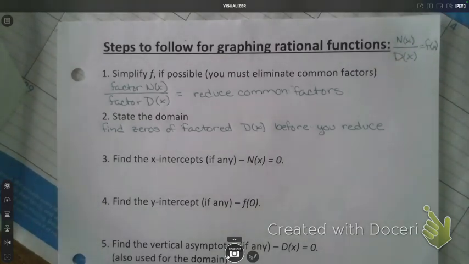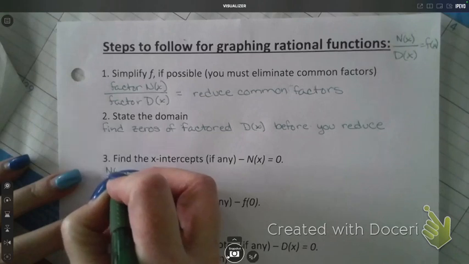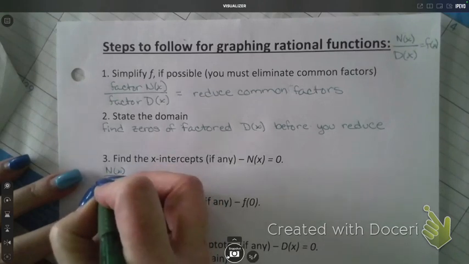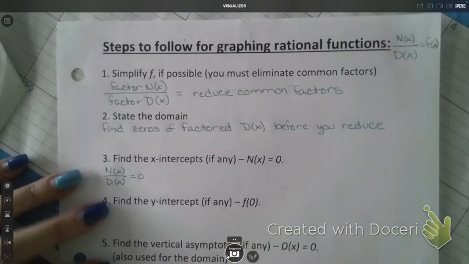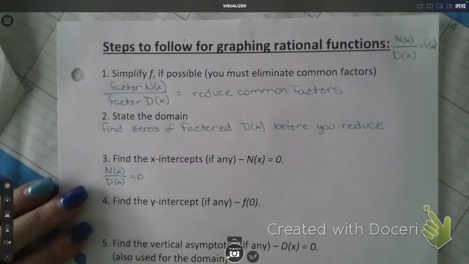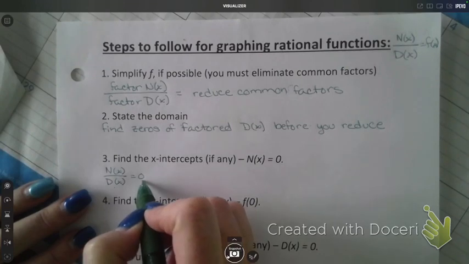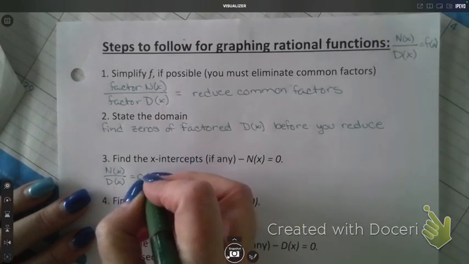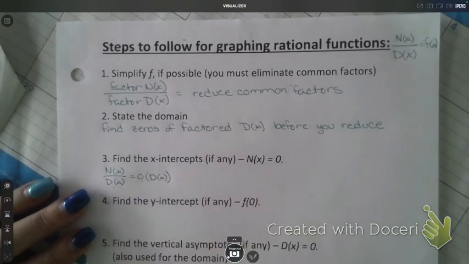We're going to have n of x over d of x equals 0. If I solve this, I would multiply over by d of x, and 0 times d of x would be 0.